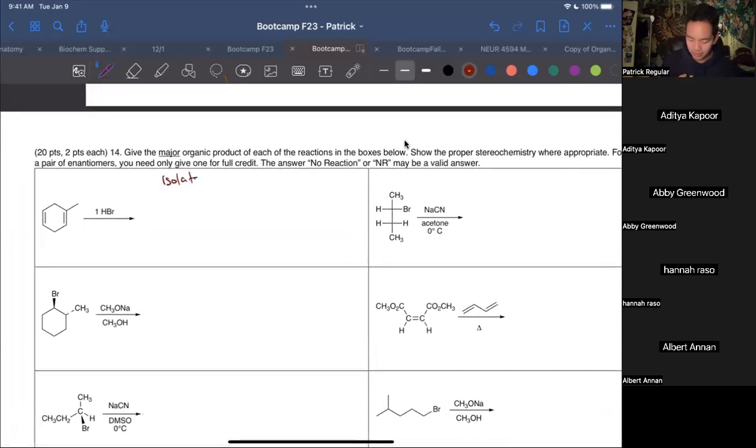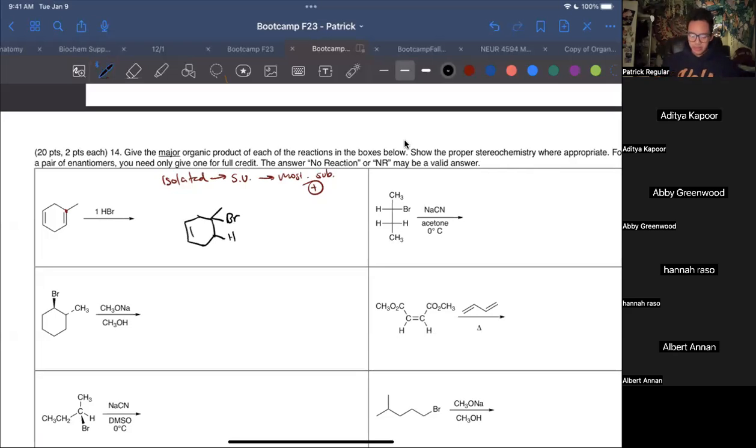Isolated, straight up, most substituted carbocation. That's going to be right here. So we know, hey, look, this is going to be our major product. That's it. When they're isolated, most stable carbocation.